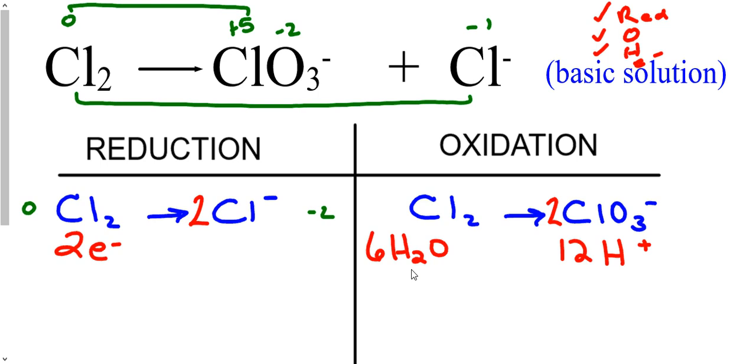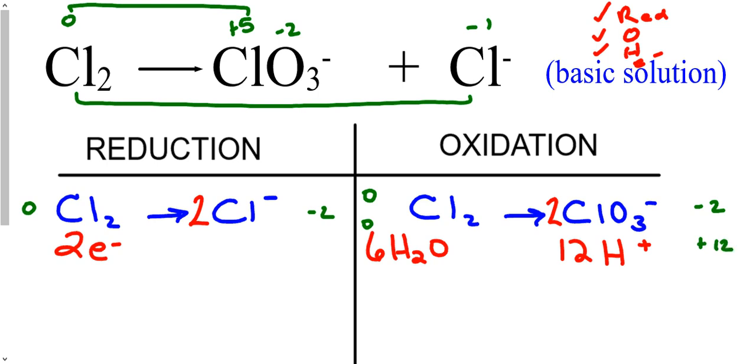Taking a look at the oxidation half reaction, there is no charge coming from the chlorine. There is no charge coming from the waters. So there's no charge on the reactant side. On the product side, 2 groups of minus 1 is minus 2. 12 groups of plus 1 is plus 12.